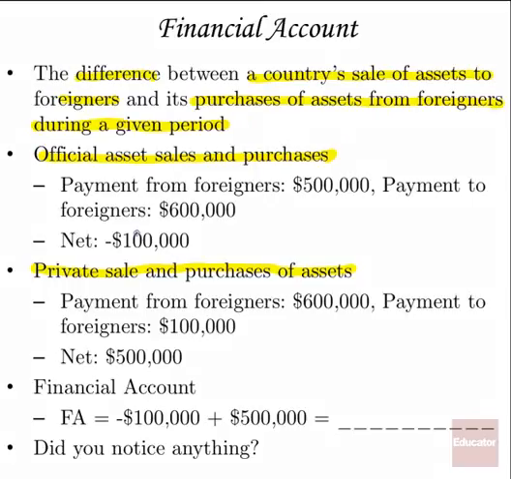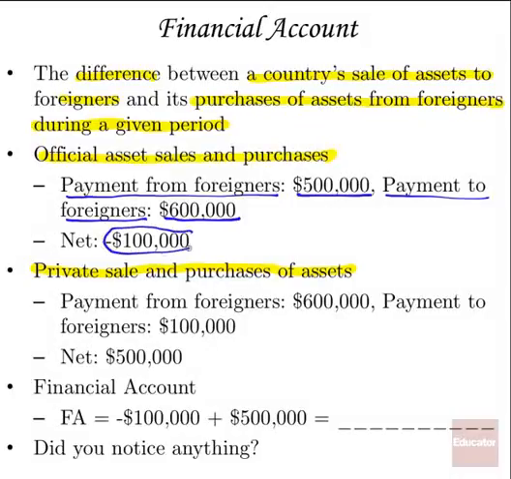Payment from foreigners, let's assume it's $500,000, and let's say payment to foreigners is going to be $600,000. So there's more payments going to foreigners than coming in from foreigners. So you have a net value of negative $100,000, because it's $500,000 minus $600,000.